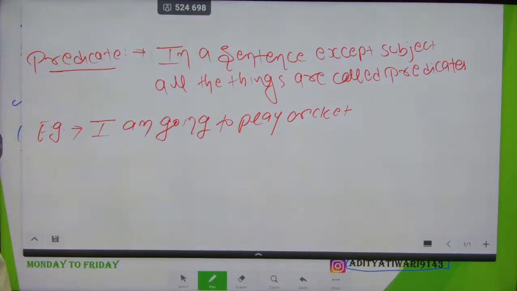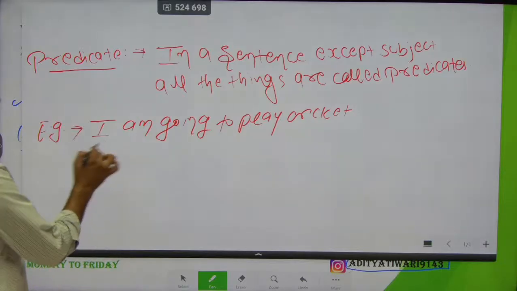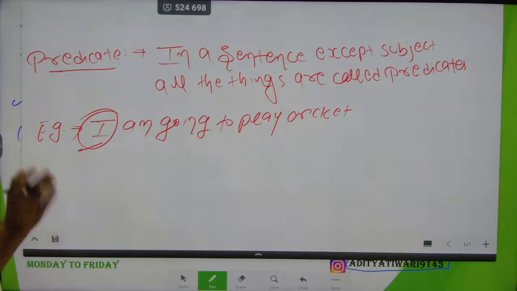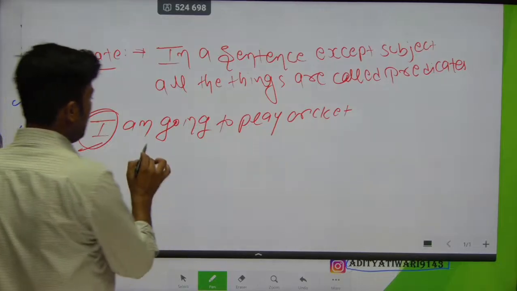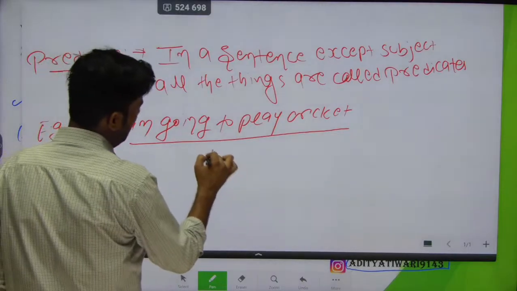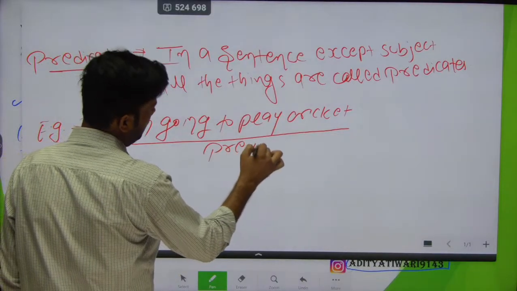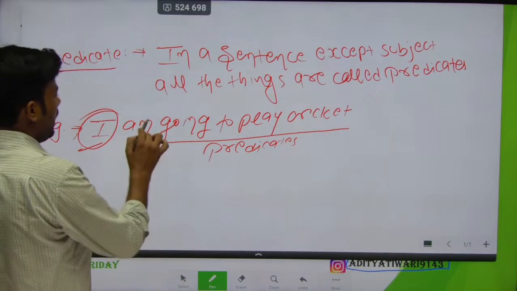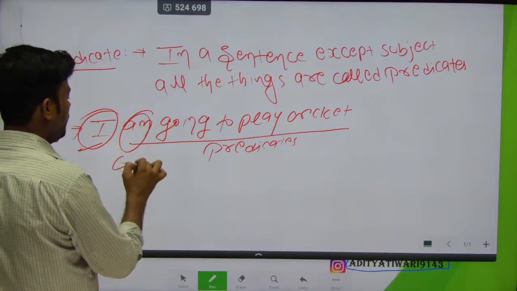Okay, so in this sentence, what is the subject, beta? In this sentence, the subject is "I", and apart from "I", everything else will be called the predicate. Then you will say, sir, "am" is known as an auxiliary verb or helping verb.